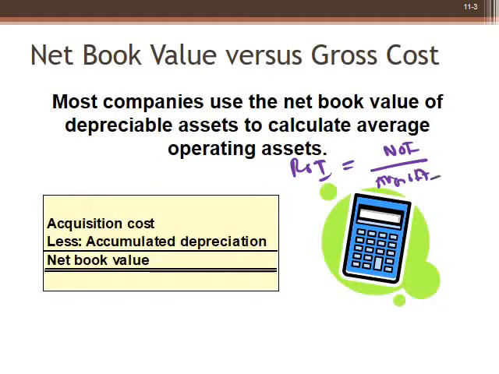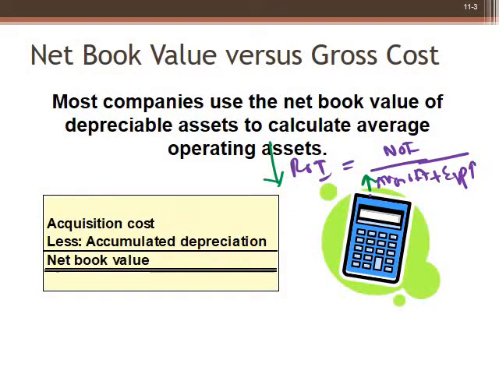If a new asset is added, for example we bought a computer or new equipment, the denominator rises, which causes ROI to decrease, right?